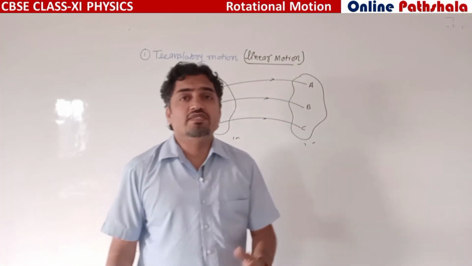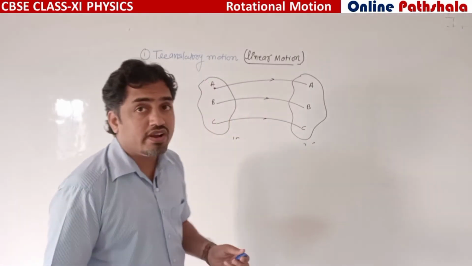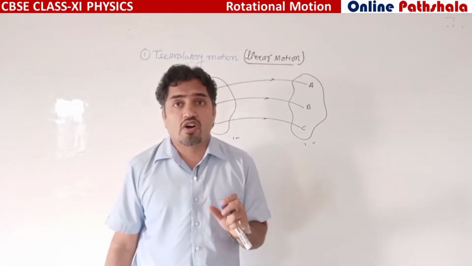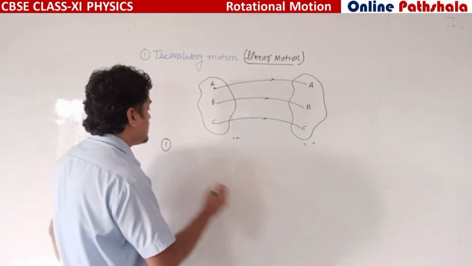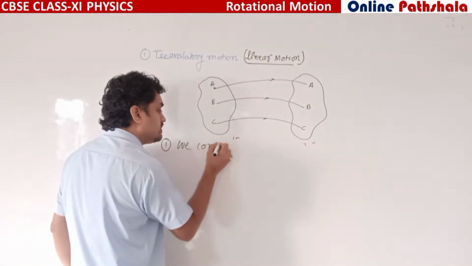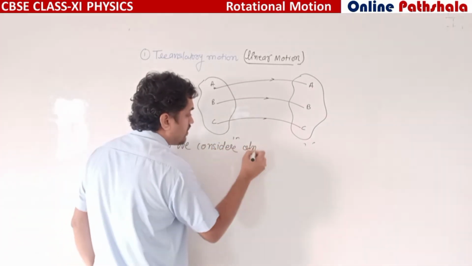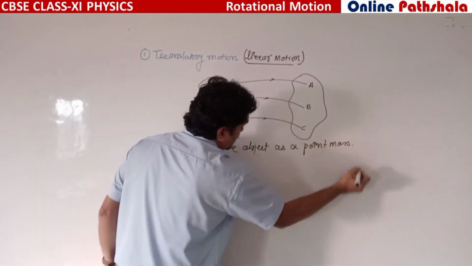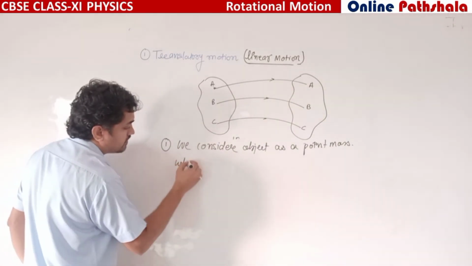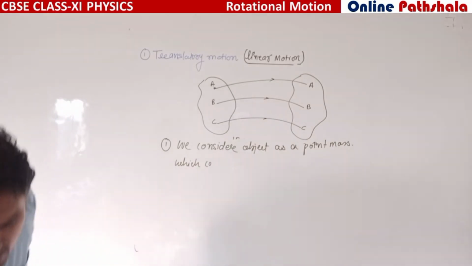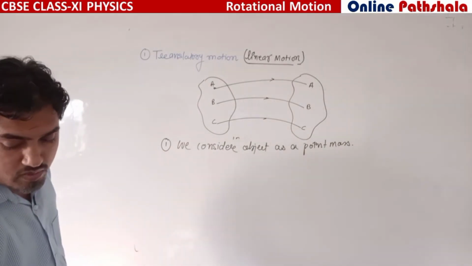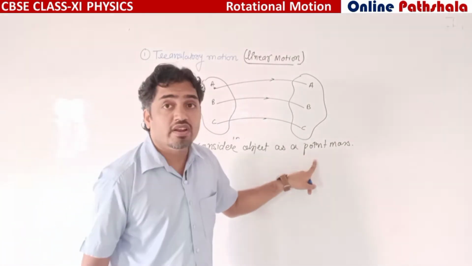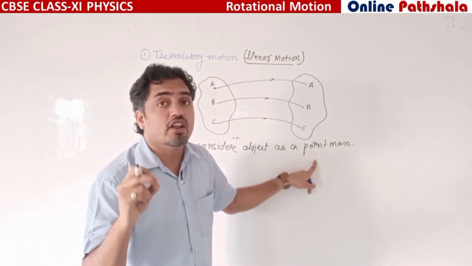So, some points we have to remember regarding translatory motion. First point, we consider the object or body as a single point mass, which is the center of mass of the body.